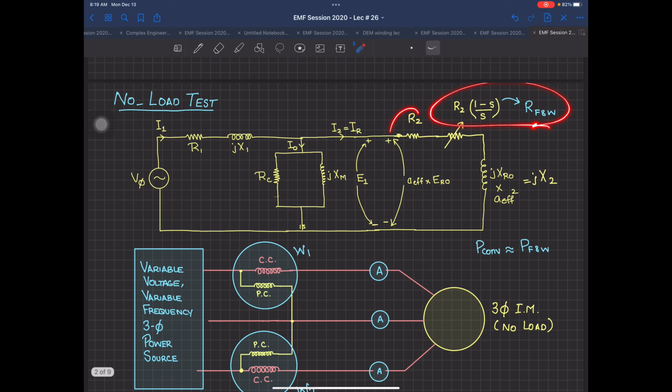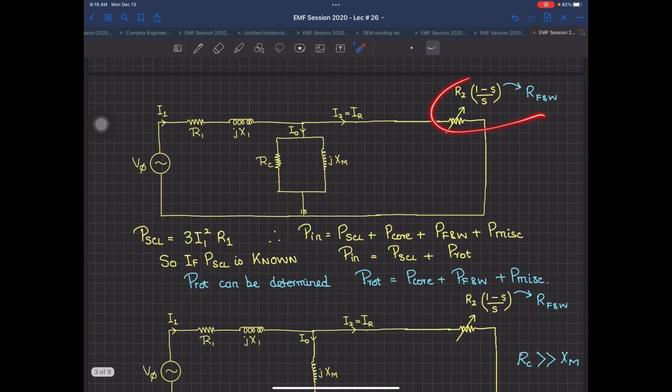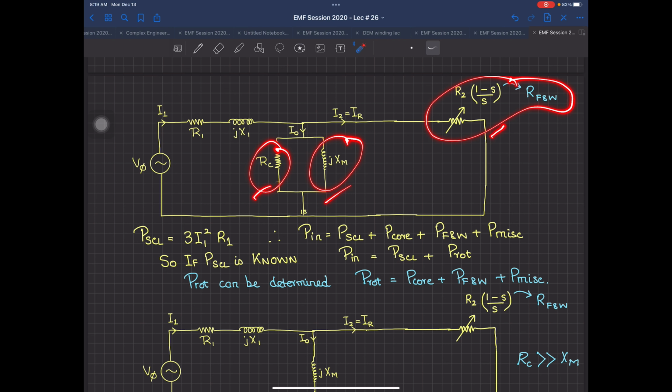So overall, I am only using this one, because the main power flowing over here in the rotor, I2 or IR, whatever variable you want to use, is only going to be consumed inside this resistor. So the first approximation is that all the power is being used inside your friction and windage path. And now the whole circuitry is only RC, jXM and R friction and windage in parallel, because all these three are in parallel. If you take this one on this side, you can see this is all in parallel.